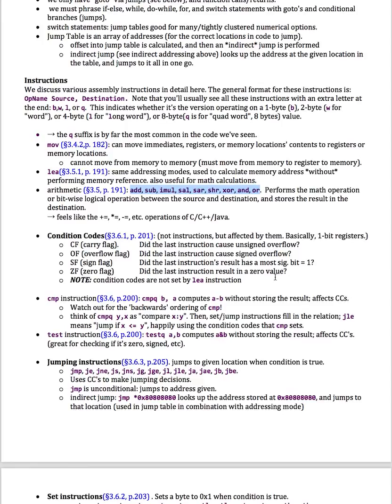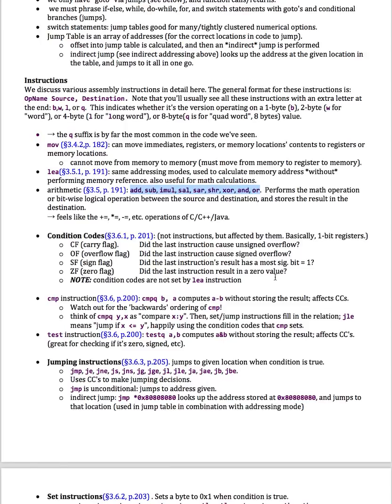For example, compare computes A minus B without storing the result. It only affects the CCs. So compare and test are the two operations that are there only to change the CCs, or condition codes.